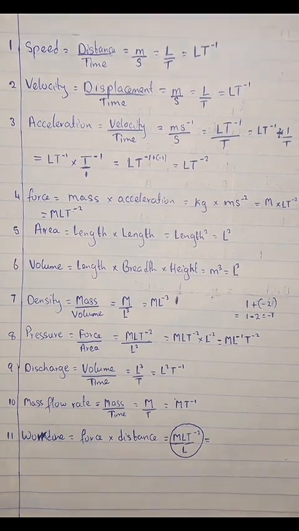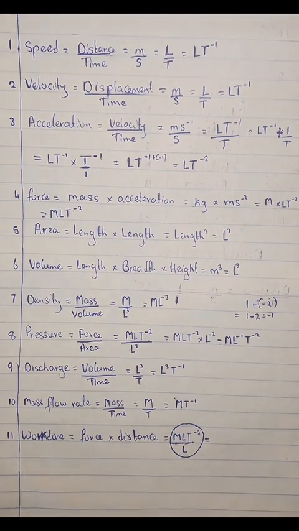So note this: wherever you are supposed to multiply, ensure you multiply, and where you are supposed to divide, ensure you divide. So what you are supposed to have here is ml per t square times L, and if we follow the law of indices correctly, we'll be having ml square per t square, and this is our final answer.